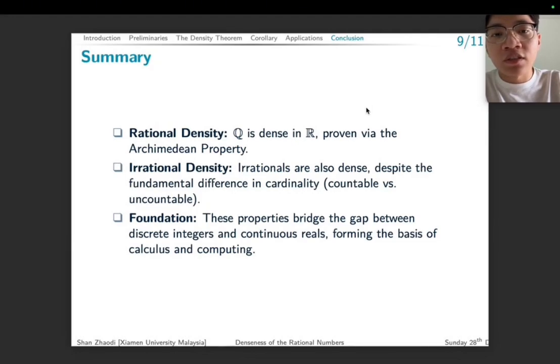These denseness properties serve as a critical conceptual bridge between discrete algebraic structures and the continuous topological structures of real numbers, underpinning core frameworks in real analysis and enabling rigorous numerical approximation of real numbers in computational mathematics.